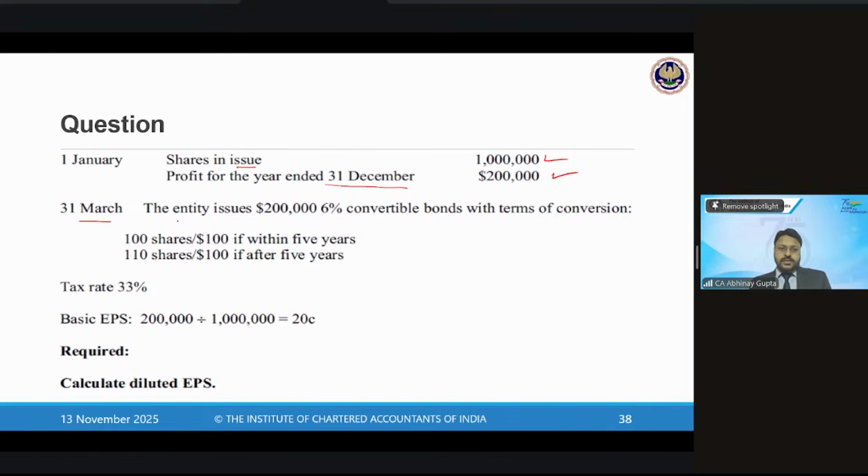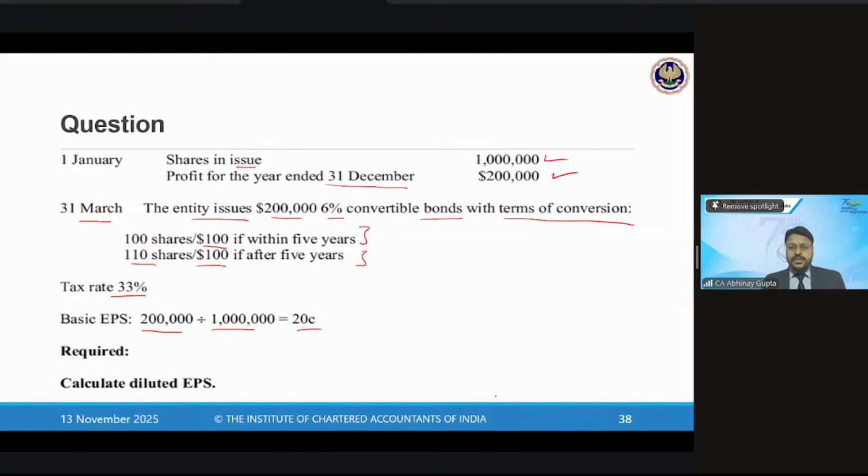On 31st March, the entity issues 2 lakh 6% convertible bonds with the terms of conversion 100 shares per $100 if converted within 5 years, and 110 shares per 100 if converted after 5 years. Tax rate 33%. Basic earning per share would be 2 lakh divided by 10 lakh, 20 cents. Calculate the diluted earning per share.